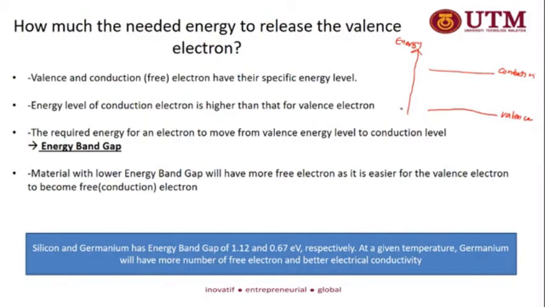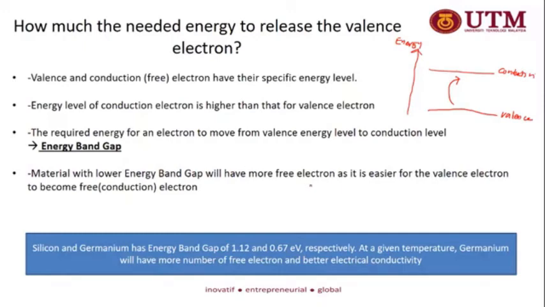Okay, so in order to move from the valence energy level to the conduction energy level, there is a specific required energy. This is what we call the energy band gap. The energy band gap is quite an important parameter in electronic devices. A material with a low energy band gap will have more free electrons.